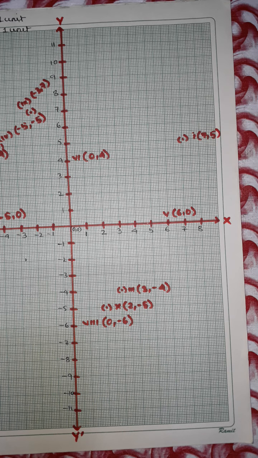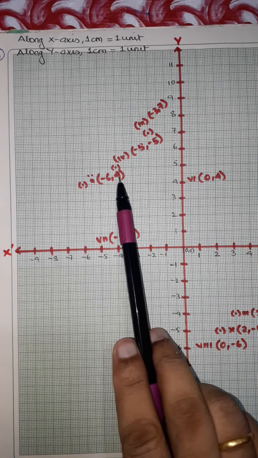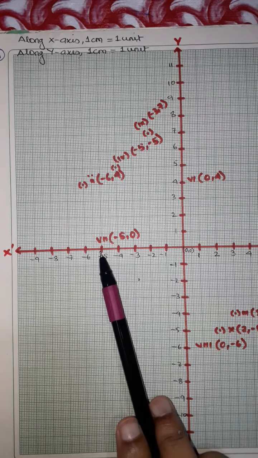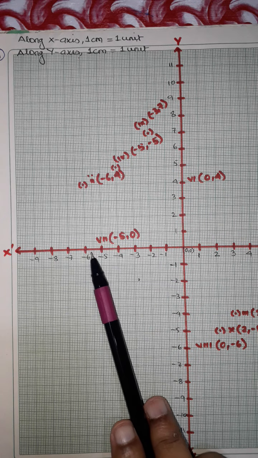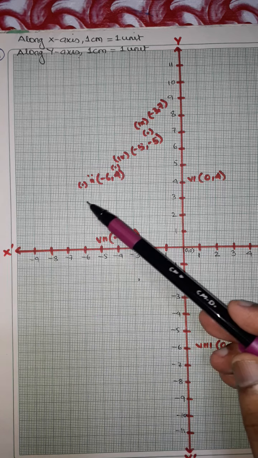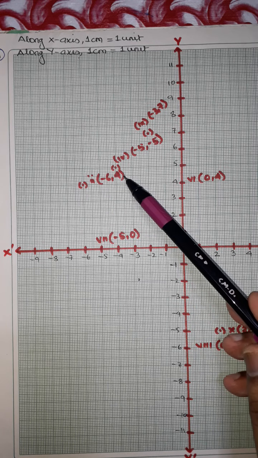Okay. Now part number 2 is minus 6 comma 4. So minus 6 is minus 1, minus 2, minus 3, minus 4, minus 5, minus 6 is here, and 4 along the y-axis, 1 2 3 4. So number 2 is minus 6 comma 4.